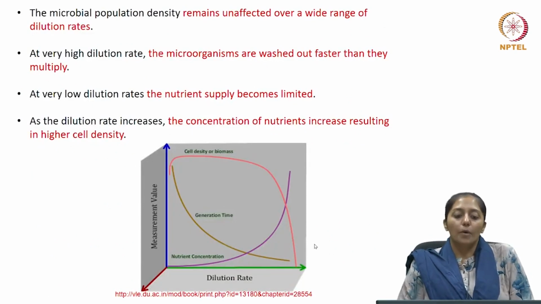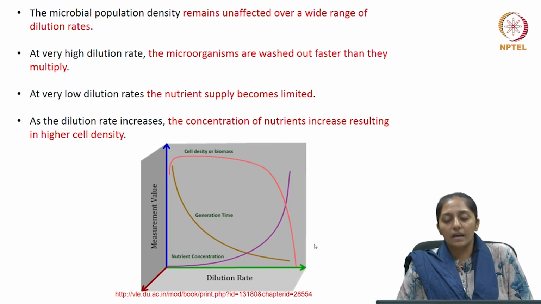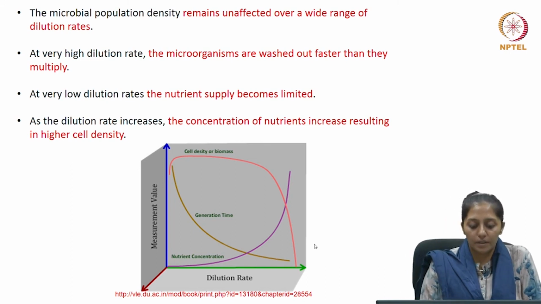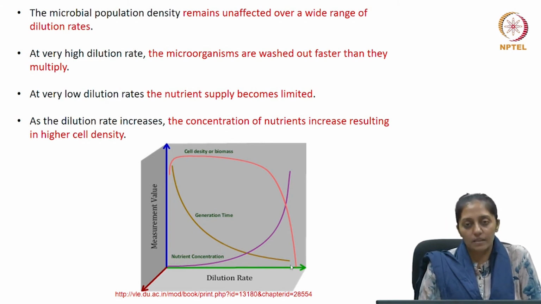The microbial population density remains unaffected over a wide range of dilution rates. If you see the plot given here, the x axis shows the dilution rate, and your orange plot is the cell mass density.